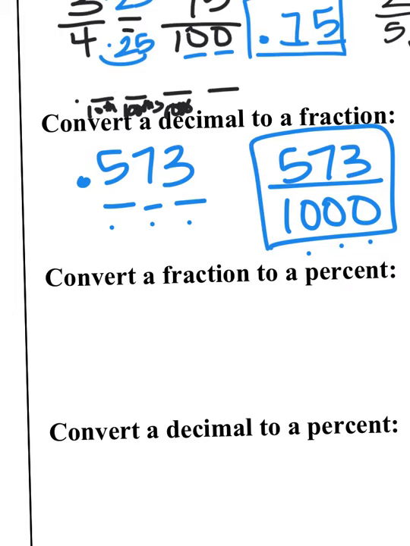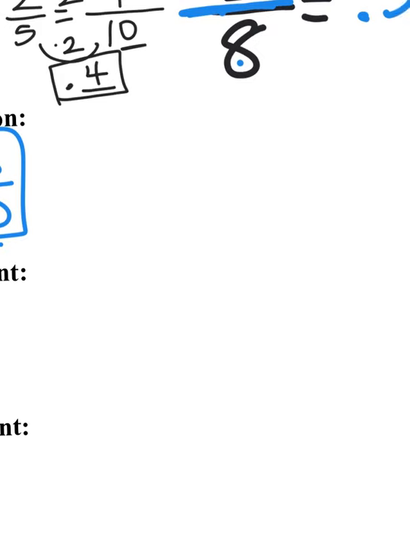So let's do one more. The decimal to a fraction is actually pretty easy. So if you had 0.64, there are 2 spaces to the right, so that'd be 2 zeros on the bottom.